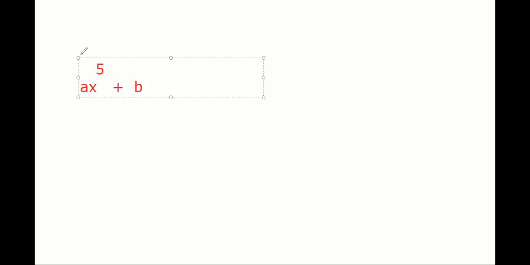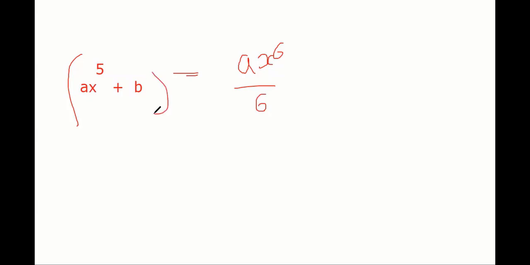What will happen then? Same thing. a is a constant, x to the power 5 is integrated, plus b. We are integrating everything with respect to x, dx. No, the integration of b is not 0. The differential of b is 0. The integration of a constant is x. If we are integrating with respect to x; if you are doing it with y, that is y plus c.